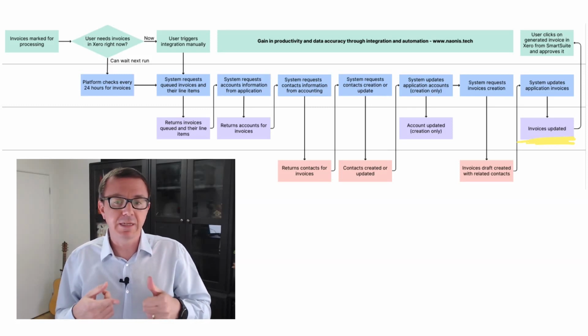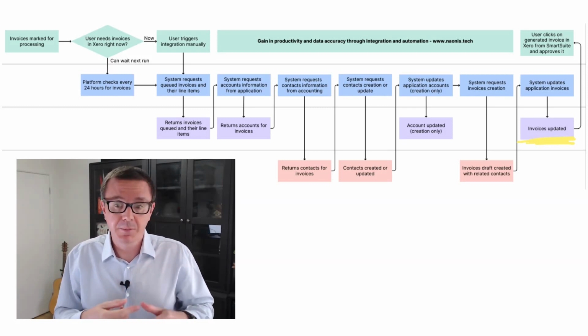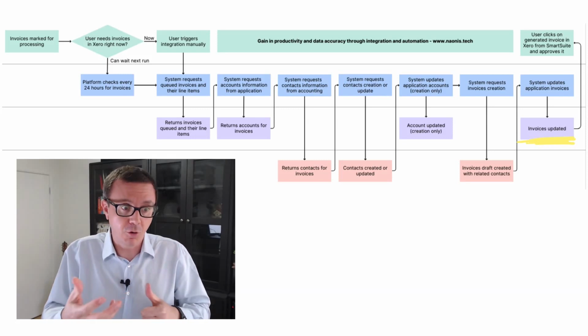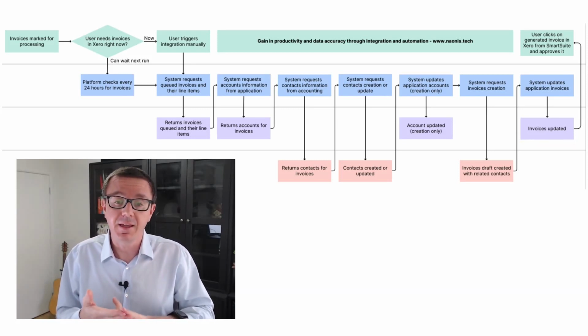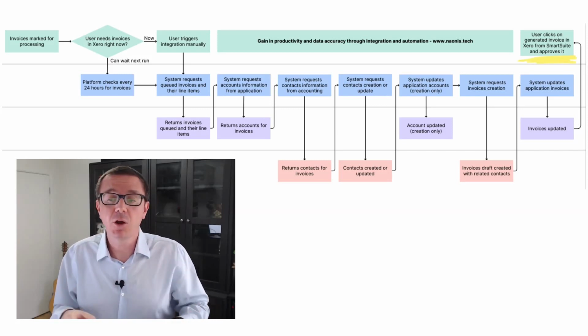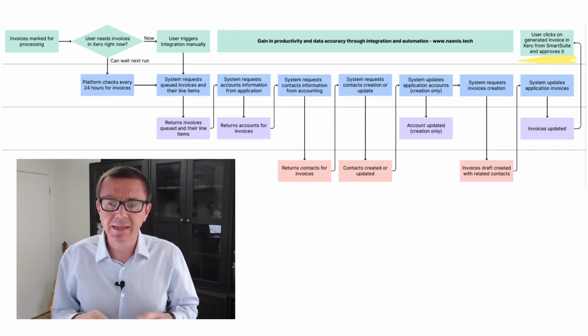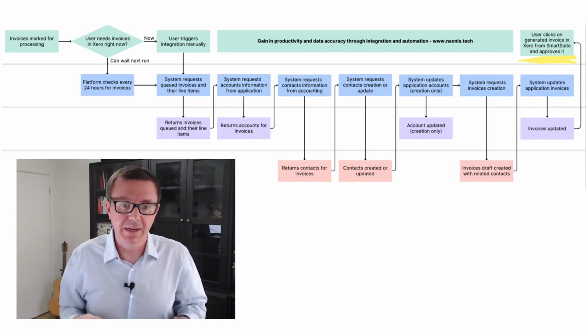So we could store the invoice number, for example, so that the seller knows which one is the invoice number, and even the URL of the record of the invoice, so that the seller can actually open that URL immediately and approve it and send it to the customer right away.